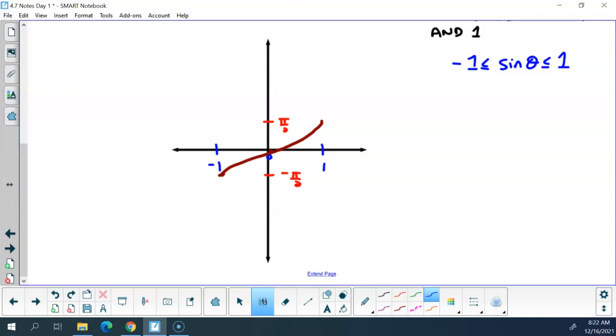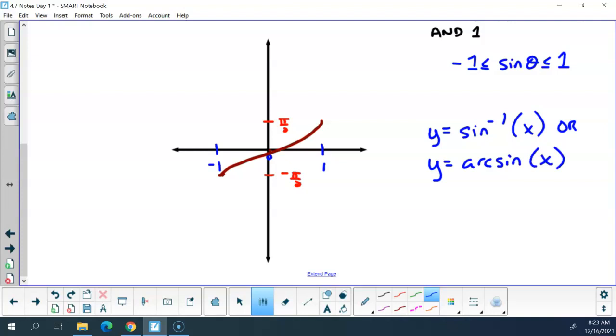I'm also restricting my range to go from -π/2 to +π/2. Now I've got a function. So this is the y equals inverse sine of x, or y equals arc sine of x function.